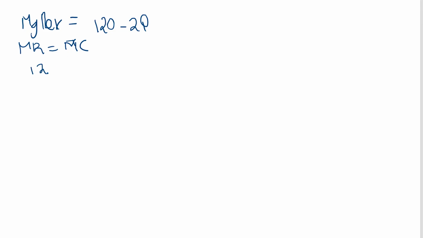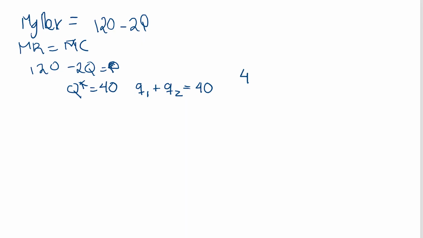Therefore, we have that 120 minus 2Q equals Q, and we solve for Q. So we get that Q is equal to 40. What we are assuming is that the agreement is such that Q1 plus Q2 is equal to 40. And the logical conclusion would be that each produces 40 divided by 2.